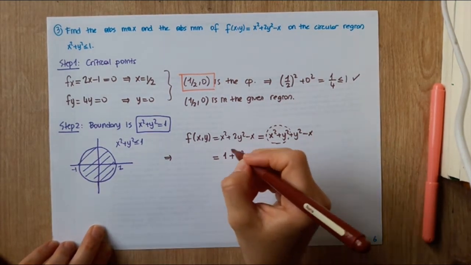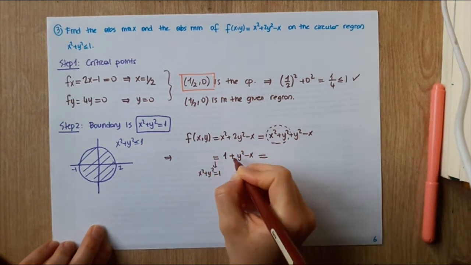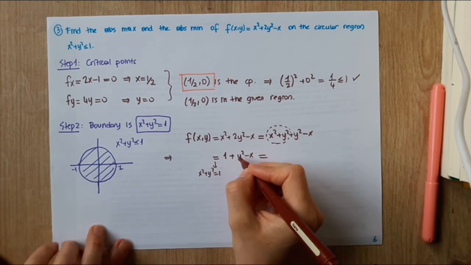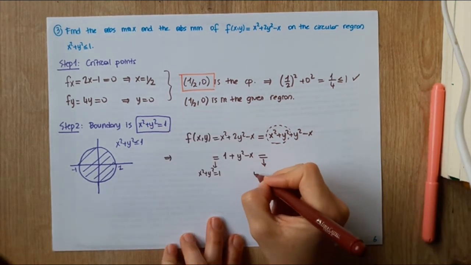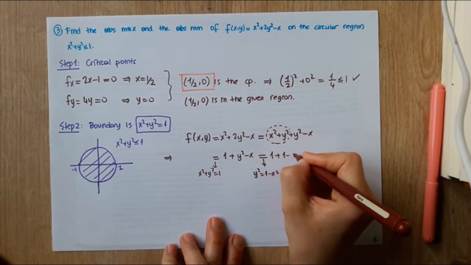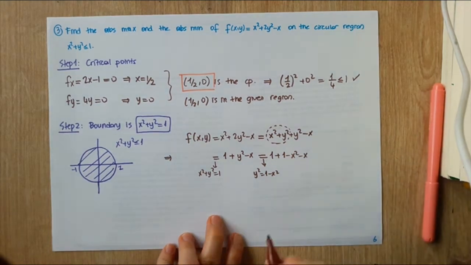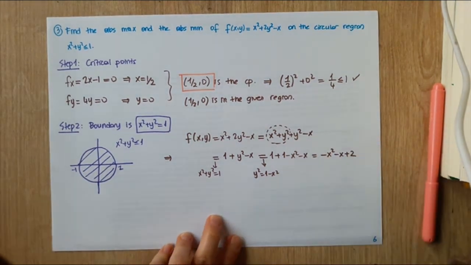Why? Because x squared plus y squared is 1. And then I will replace y squared using this equation, writing y squared in terms of x squared. So I have 1 plus 1 minus x squared minus x. At the end, I have minus x squared minus x plus 2.